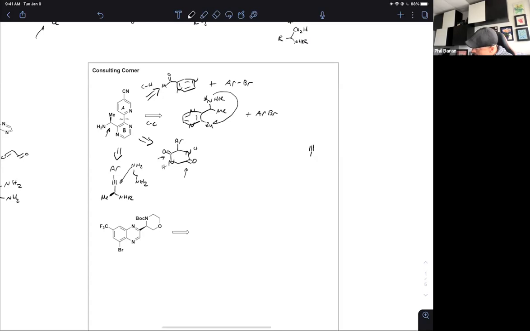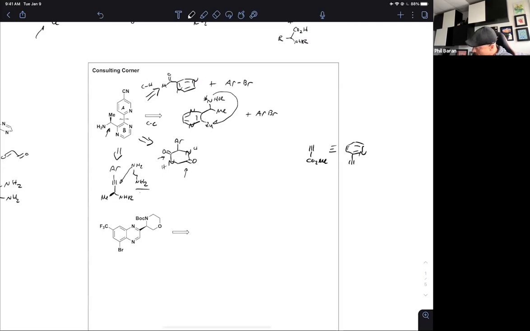So this, in my mind, is equivalent to this. Remember? Same thing, reactivity-wise. So if I add in ethylene diamine, it's conceivable through a sequence of additions and cyclizations, then I might actually get out the desired product.